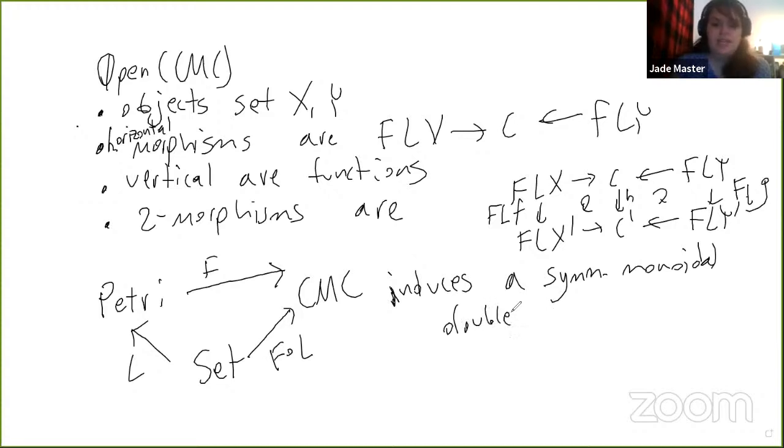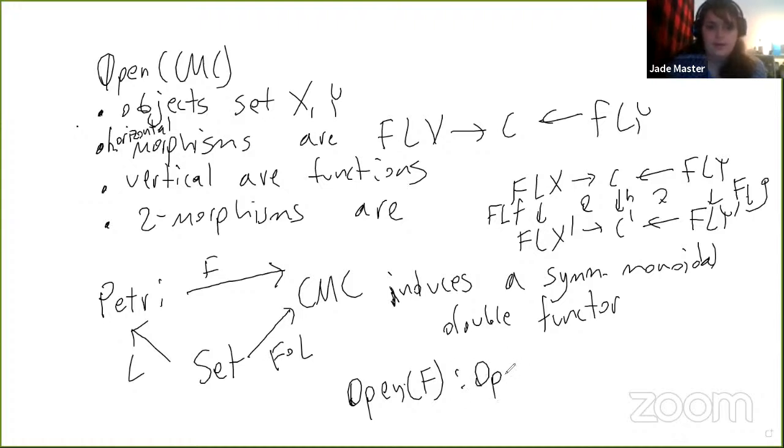Which is a pretty complicated object, I grant you that. But what it does, we call it open of F, from open Petri to open CMC.